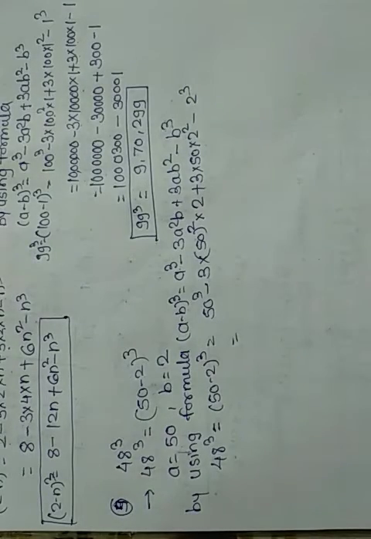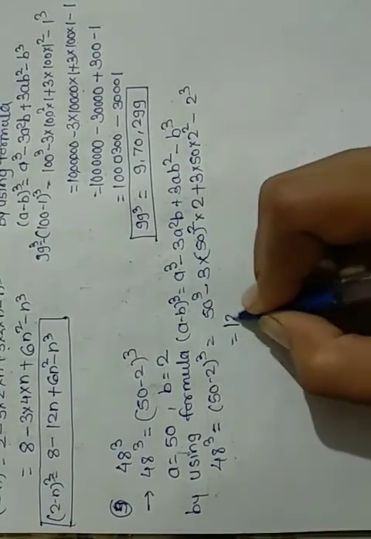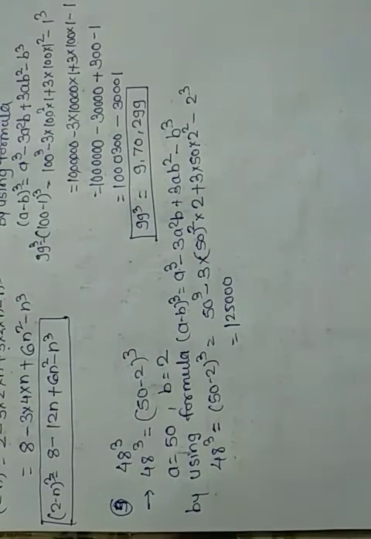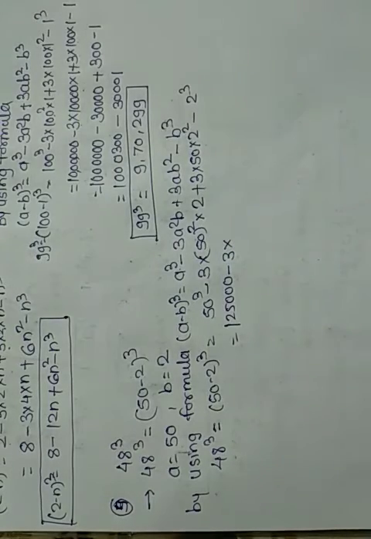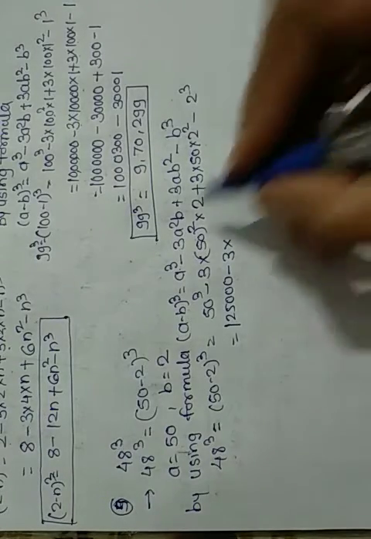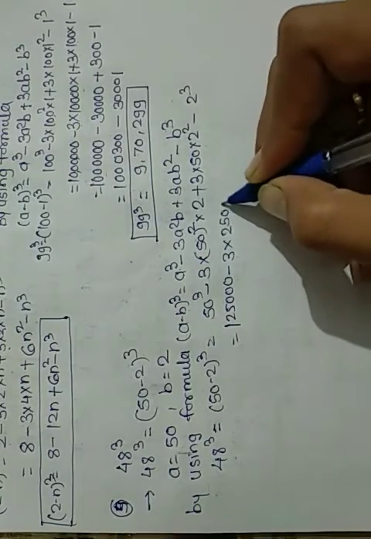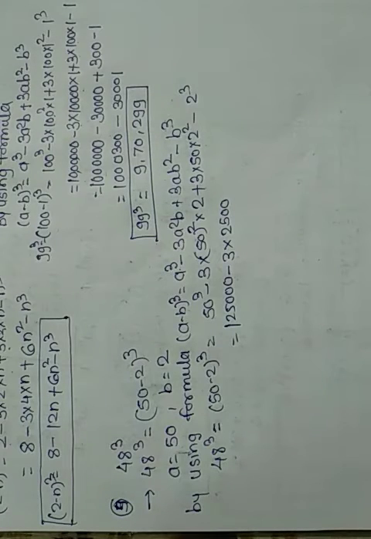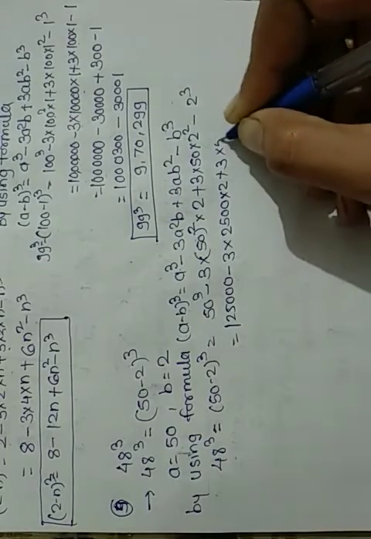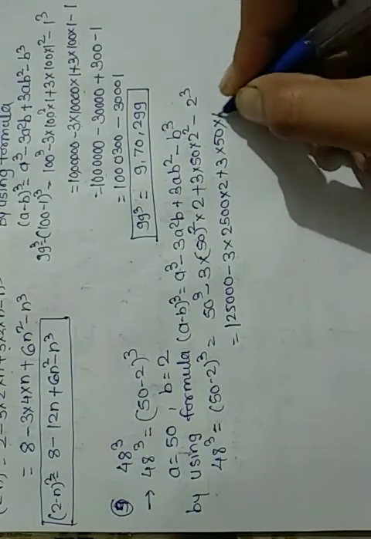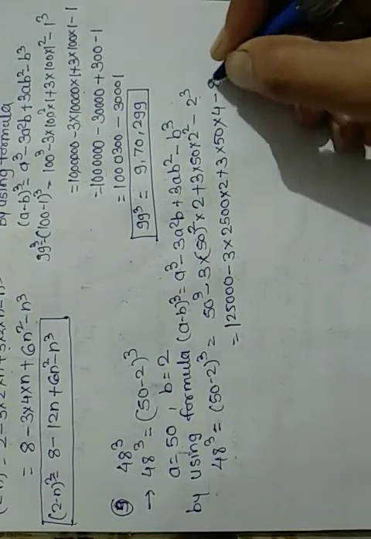Now cube of 50 is 1,25,000 minus 3 into square of 50 is 2,500 into 2 plus 3 into 50 into square of 2 is 4 minus cube of 2 is 8.